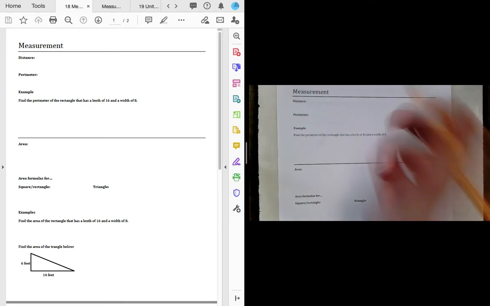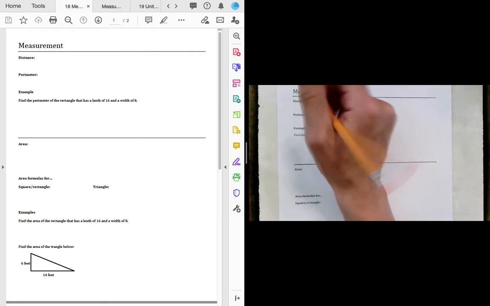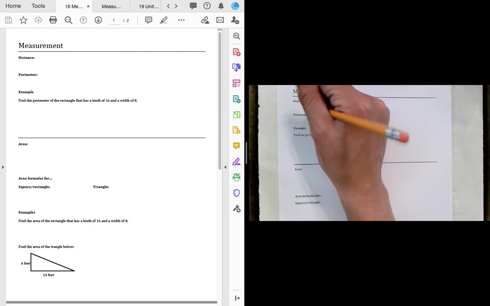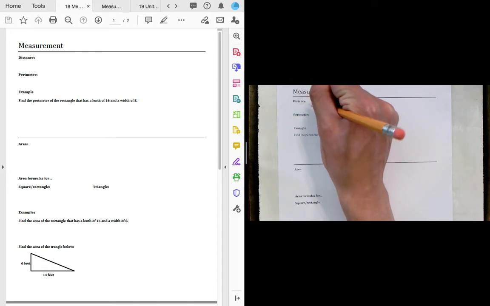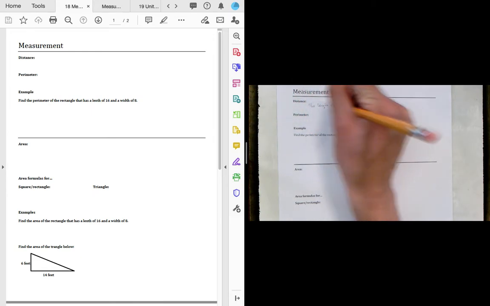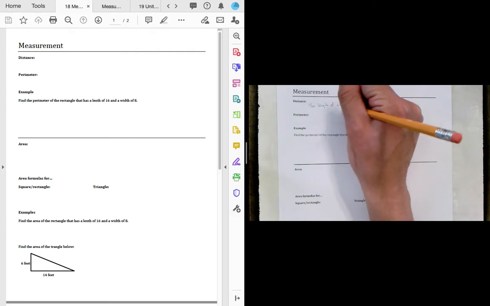The first thing we're going to talk about is distance. What is distance? Well, distance is the length, I'm going to say, of a straight line between 2 points.